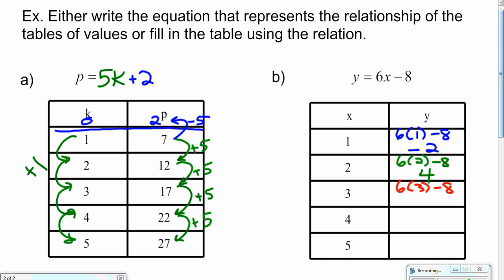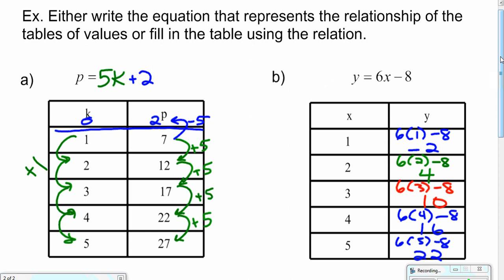Minus 8 is plus 10. Okay, keep going. 6 times 4 is 24. Take away 8 is 16. And 6 times 5 minus 8, so 30. Take away 8 is 22.